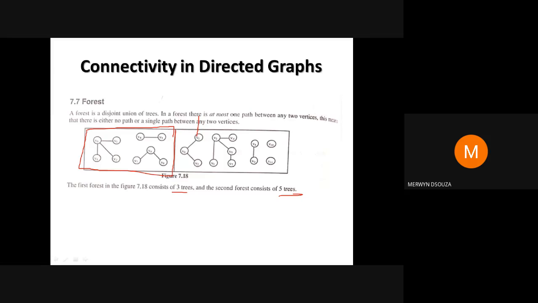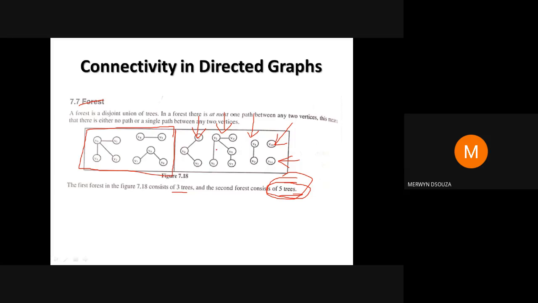I hope you can notice which are the 5 trees: first, second, third, fourth, and fifth. Even these isolated vertices are counted as trees. There are 5 trees in this forest.